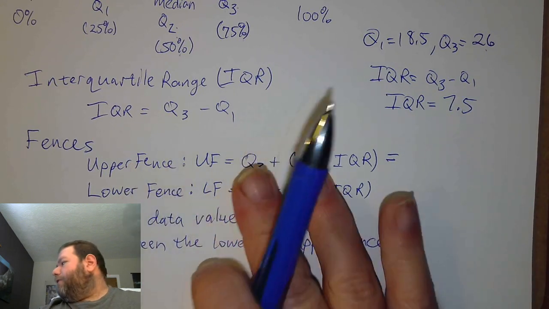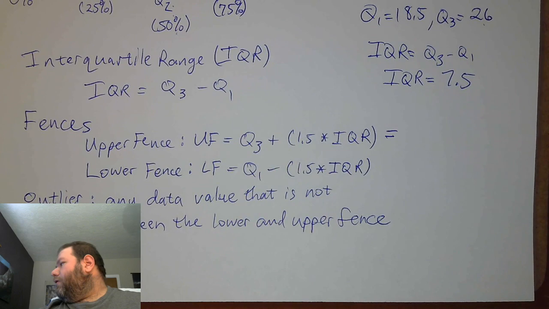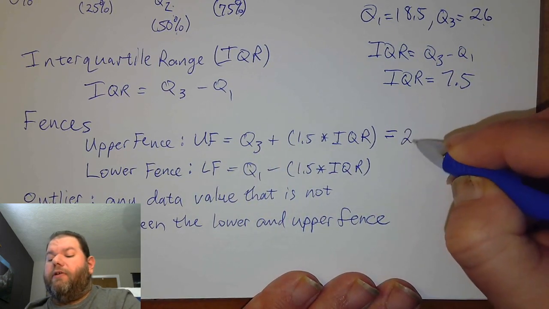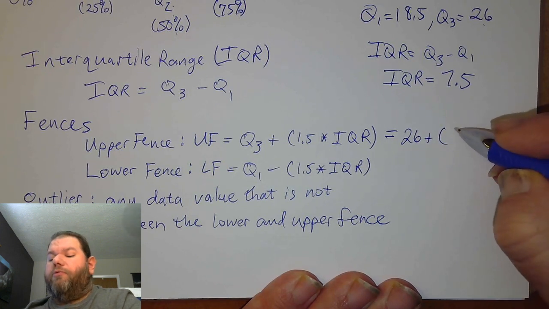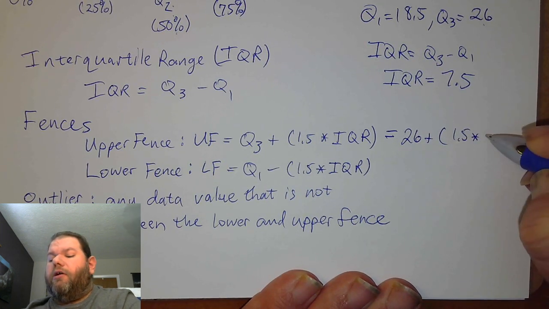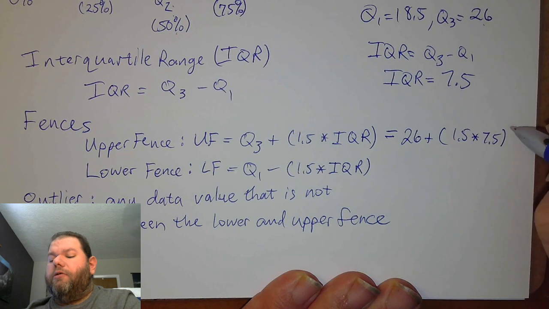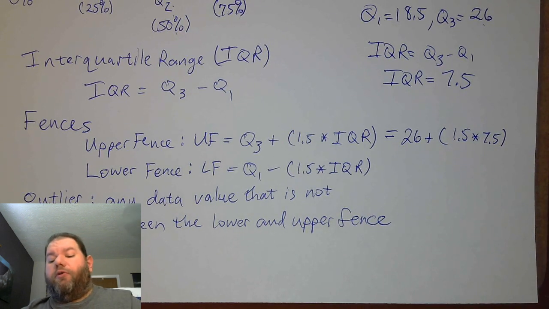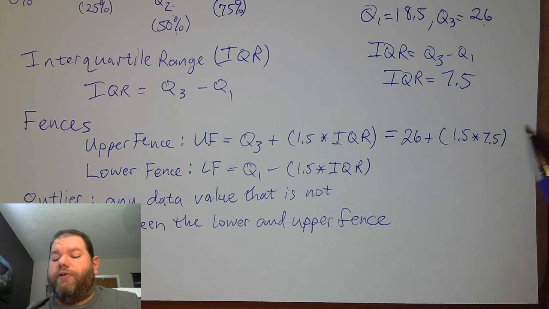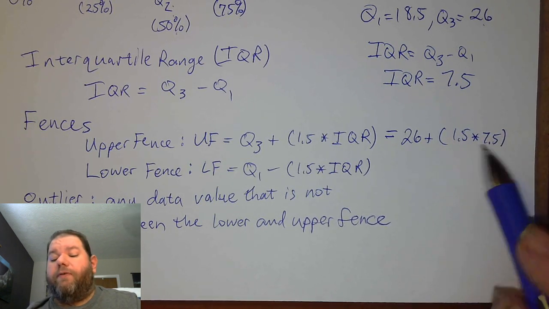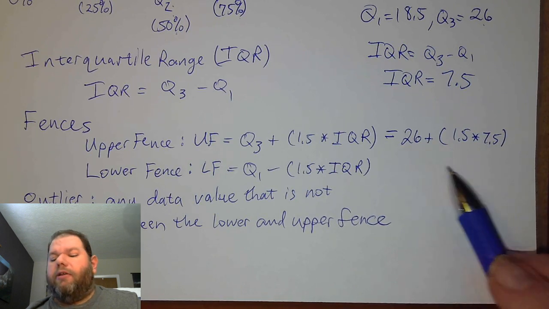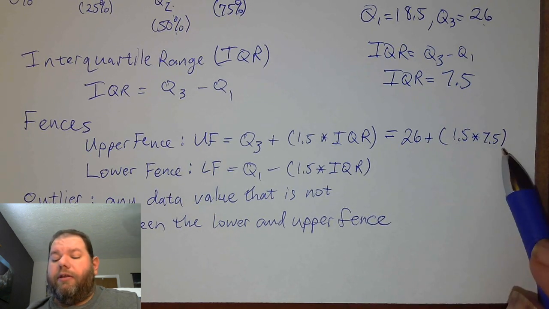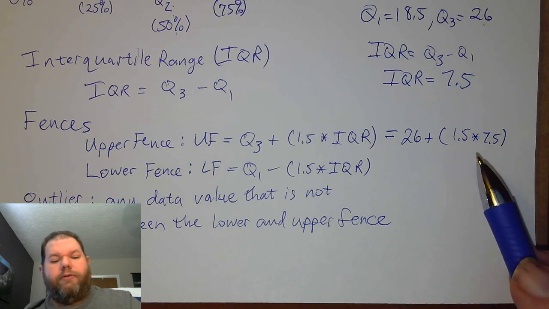Now let's look at our upper fence. For upper fence, we take Q3, which is 26, plus 1.5 times our IQR. Now, we want to be careful with our order of operations here. We actually want to do this multiplication first before we add it to this other number. That's why I like to put that in parentheses, just to indicate these have to be done first before the other follows.